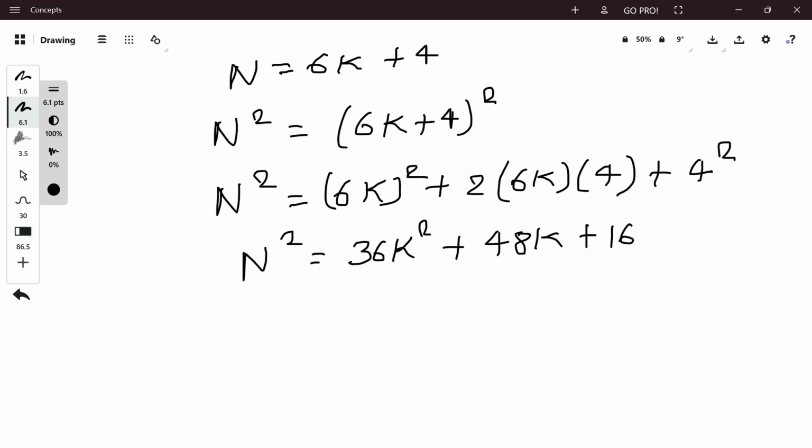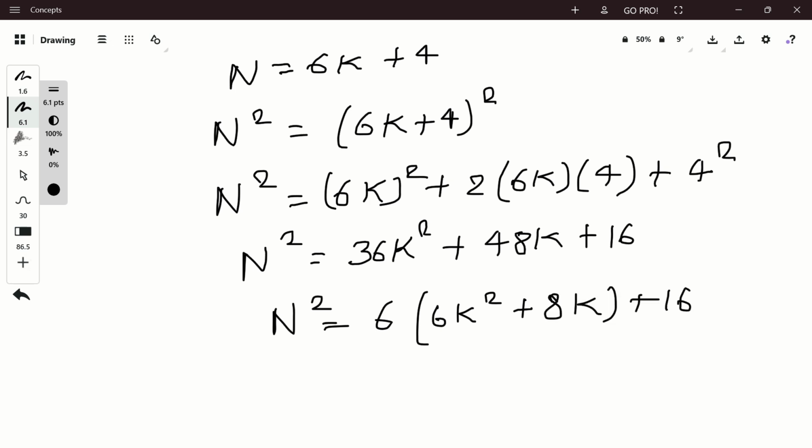To find the remainder when n square is divided by 6, rewrite the expression by factoring out 6 from the first two terms. That is n square is equal to 6 into (6k square plus 8k) plus 16.